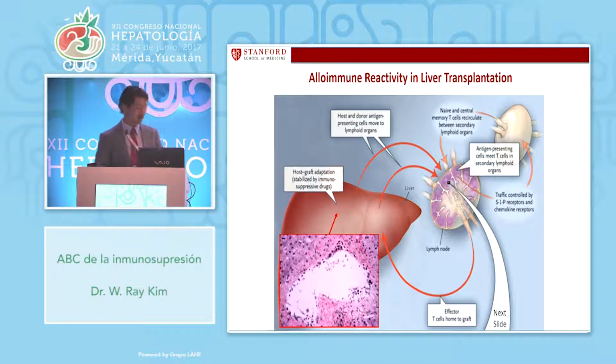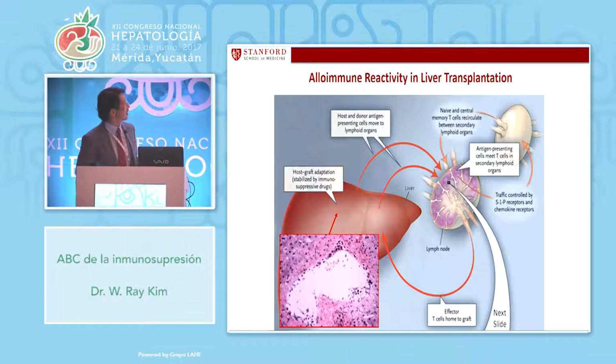You recall that this is a donated liver. This is not the recipient's own liver. This has a foreign antigen. That foreign antigen is processed by antigen-presenting cells, and they are presented to immune cells that are located in lymph nodes. These are lymph nodes, and then they interact with T cells and other immune cells.